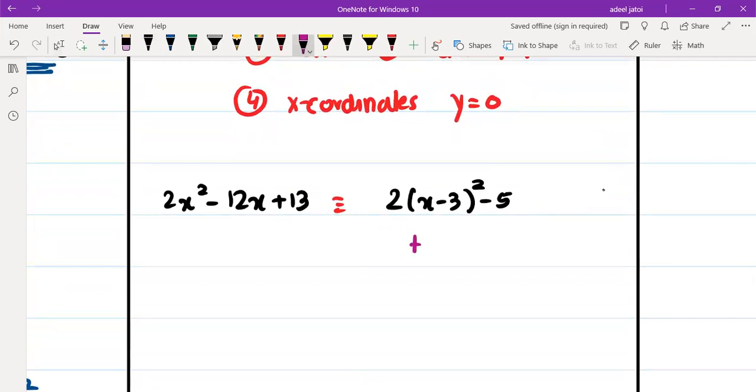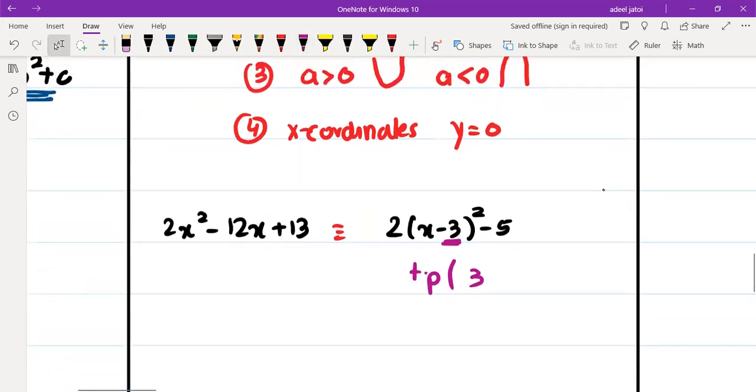Your turning point will come from completing the square form only. If this is minus 3, that means your x coordinate sign will change. This will become 3. And the basic reason for that is that the original expression of your completing the square form is a(x minus h) whole square plus k.